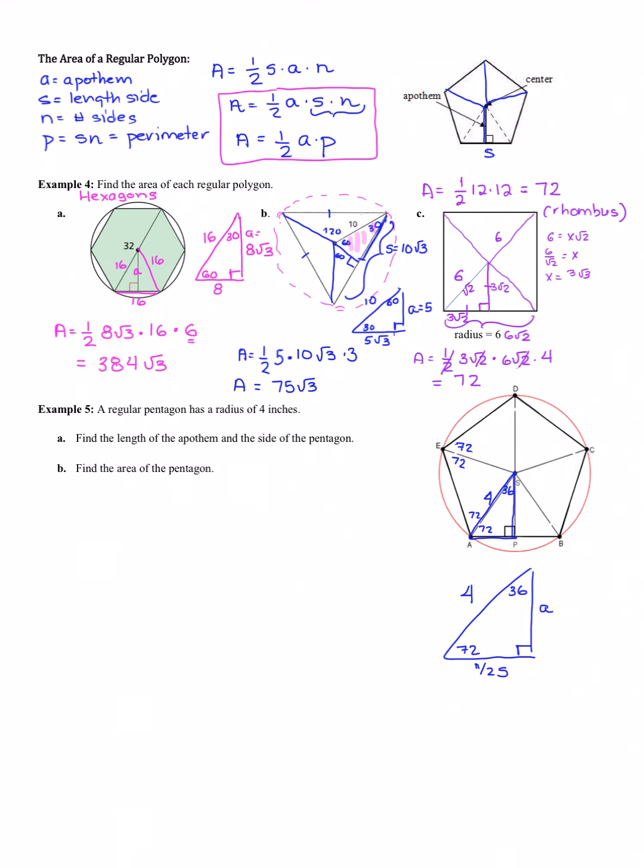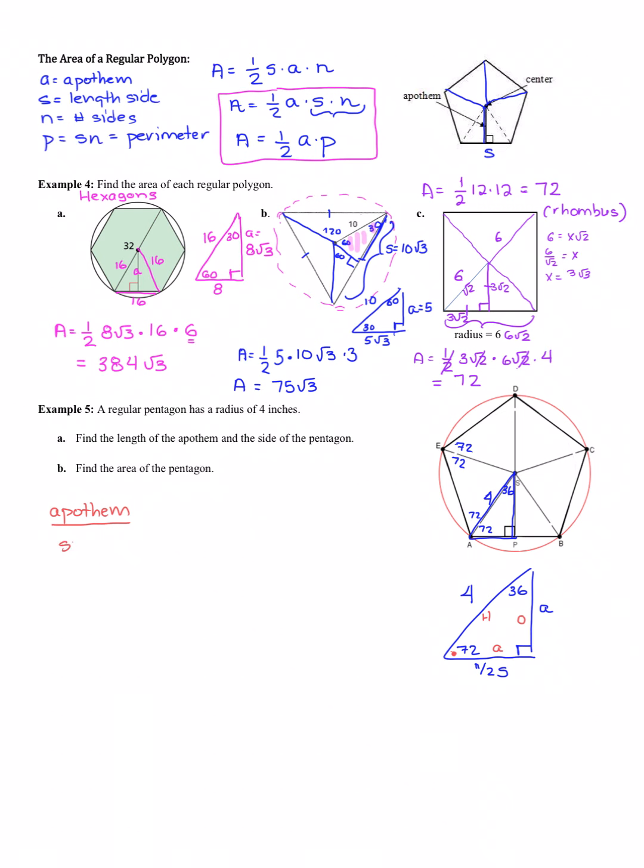So we want to find the length of the apothem and the side of the pentagon. On the inside here, I'm going to use the 72 as my reference angle. That makes this the opposite, this the adjacent, and this the hypotenuse. And yes, we are going to have to use trig. To find my apothem, I'm going to have to do opposite and hypotenuse.